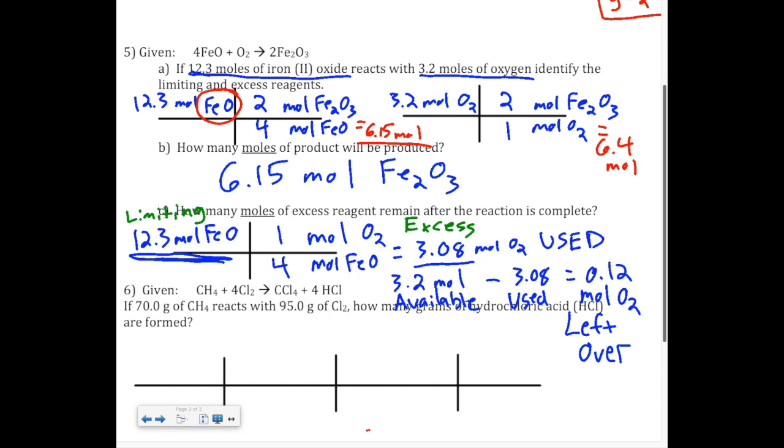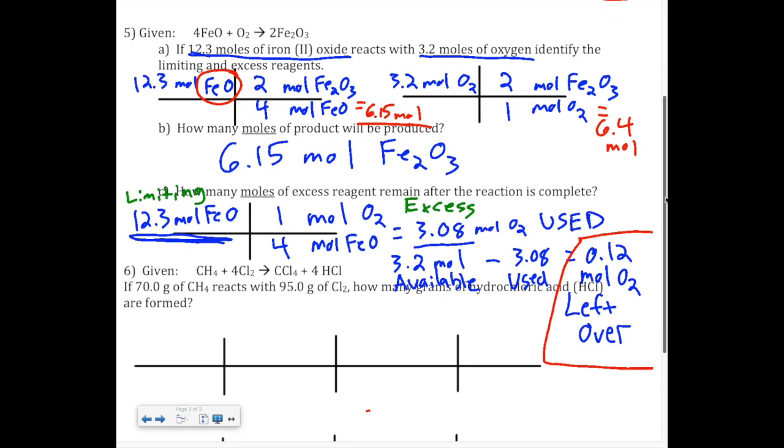That is your true answer, and that is what is left over. So basically I'm just figuring out how many are used and then subtracting it from my moles that are available. Now, Mr. Russell, where'd you get this number from? Well, I got it from this number right here. It was already in the problem.